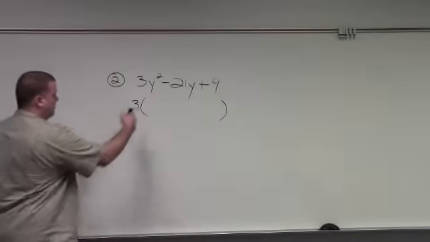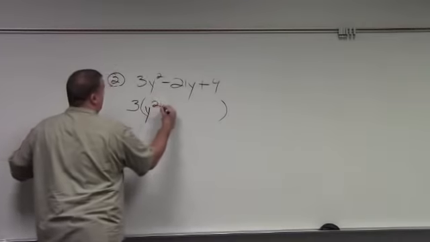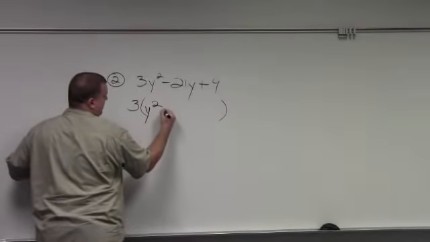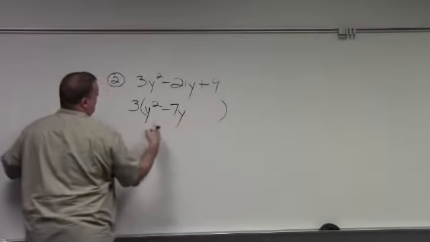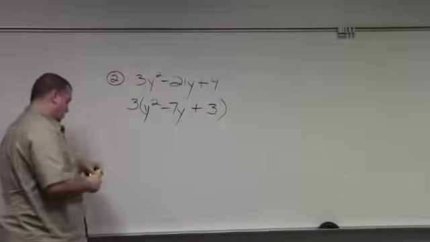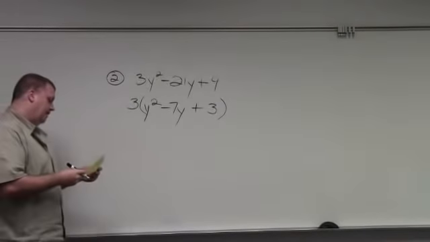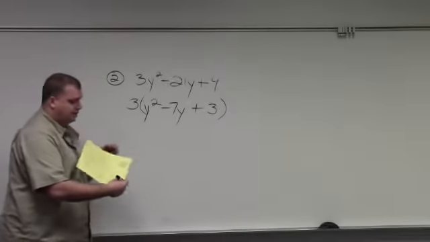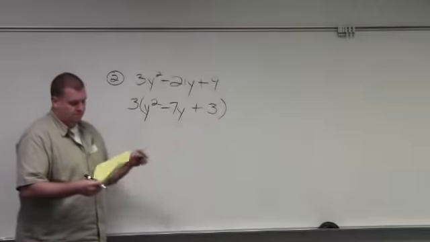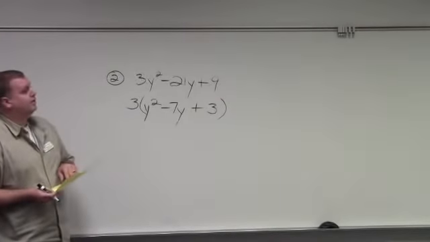Y squared, minus 7y, and is it positive or negative? Negative, same sign, and plus 3. We took out the greatest common factor, so that arrow brings us back to how many terms are left? 3 terms. Is it a perfect square trinomial?